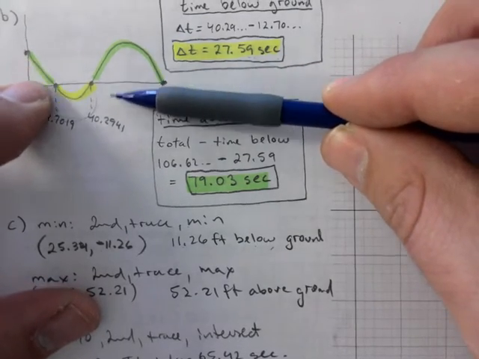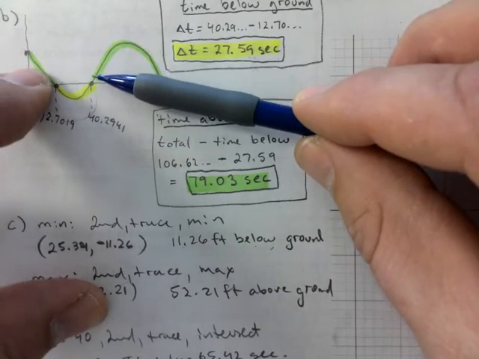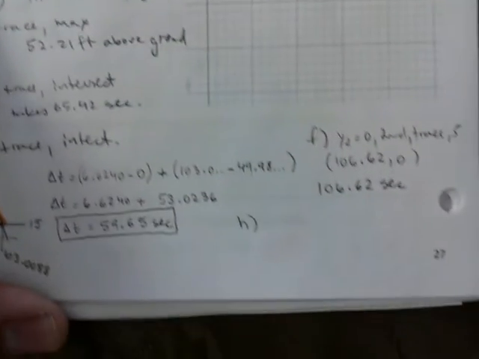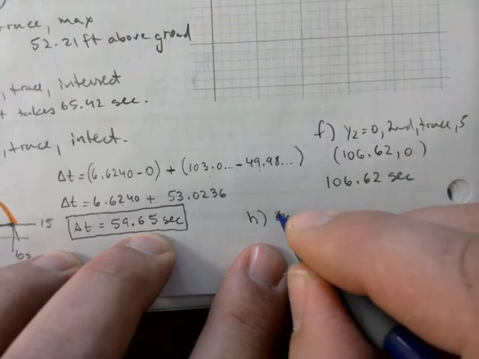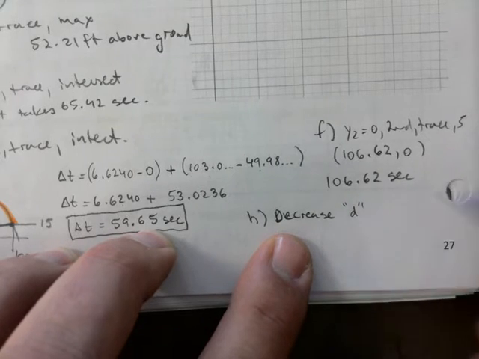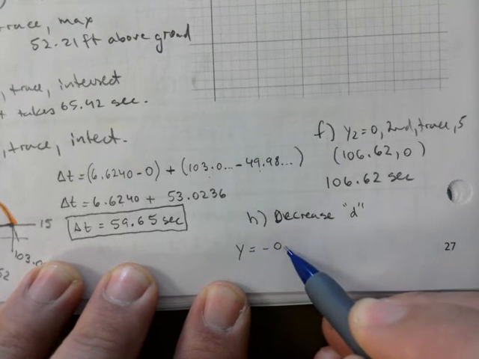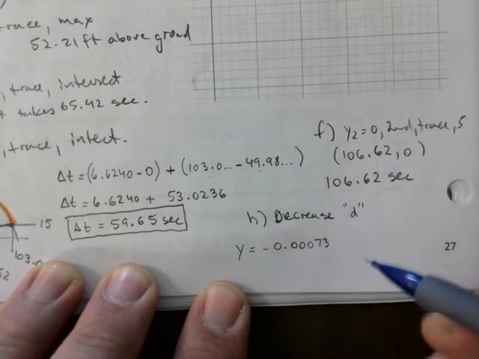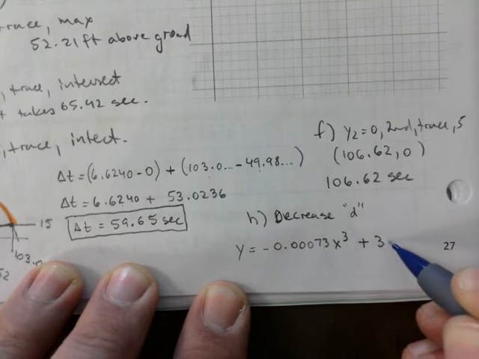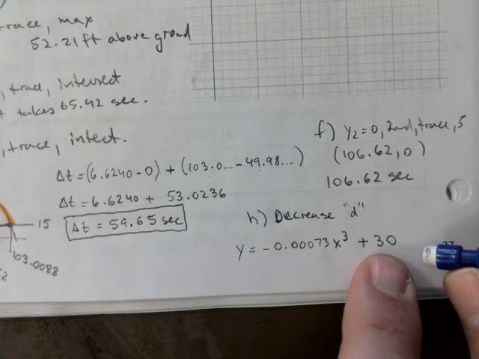It would bring this whole thing down, making this point further down, right? And the further down you bring this curve, the more time would be spent below ground. Okay, so my answer would be, I will say decrease D, right? Decrease D. So I will actually just copy paste. Maybe I will omit some of the parts. Basically, if you just went like this, that would technically be enough, right?